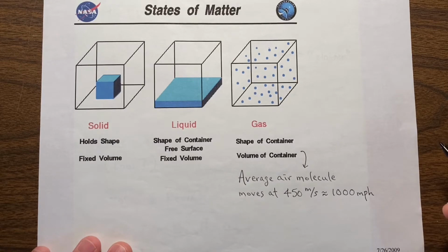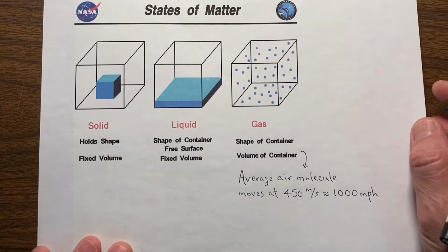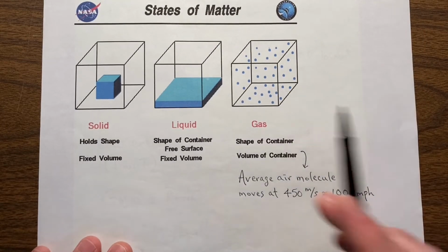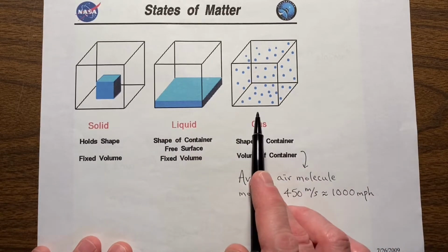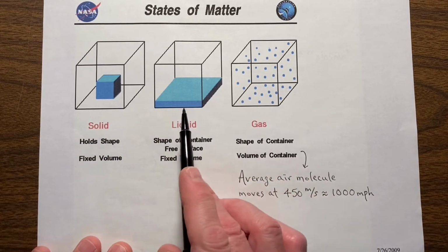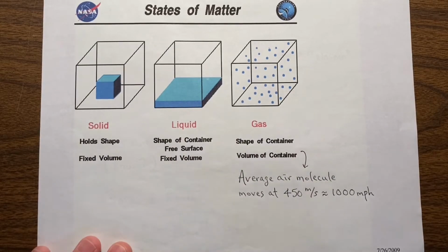But that's really all that distinguishes the three states of matter, is temperature. But there are other reasons we'll talk about, about why something is a gas at room temperature versus why it's not a liquid versus why it's not a solid. Why is something a solid and why is it a gas? There are attractive forces that exist in nature that hold things together that we use to explain this.